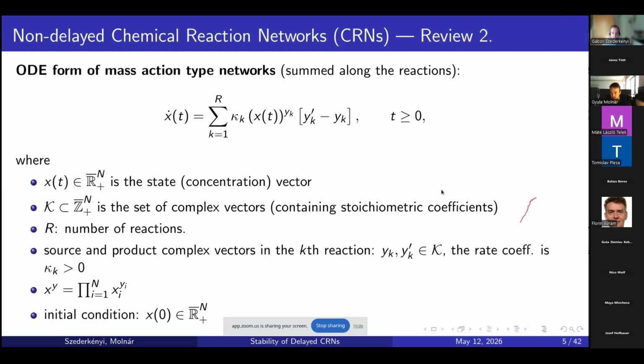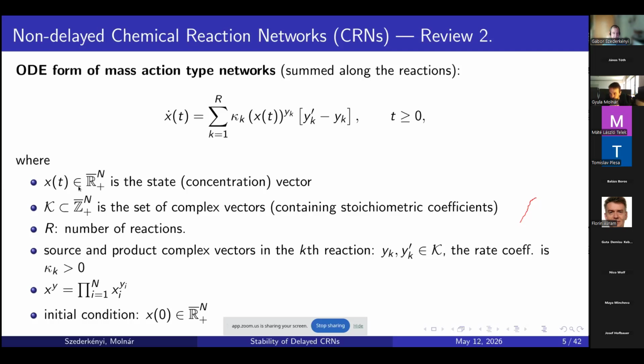Okay, so from this we can write the differential equations of mass action type networks and other networks as well. So we will use this form summing along the reactions. So from the first reaction to the last reaction, we have the reaction rate, in this case a mass action type reaction rate, multiplied by the reaction vectors, which describe the production and the consumption of species in each reaction.